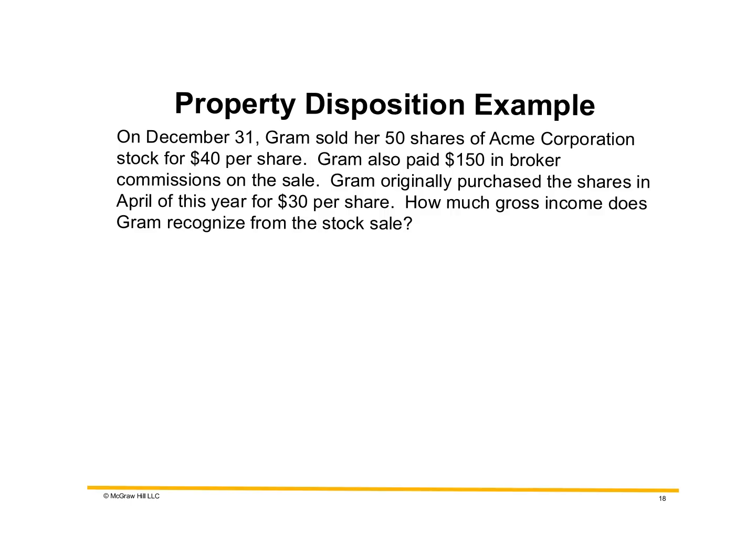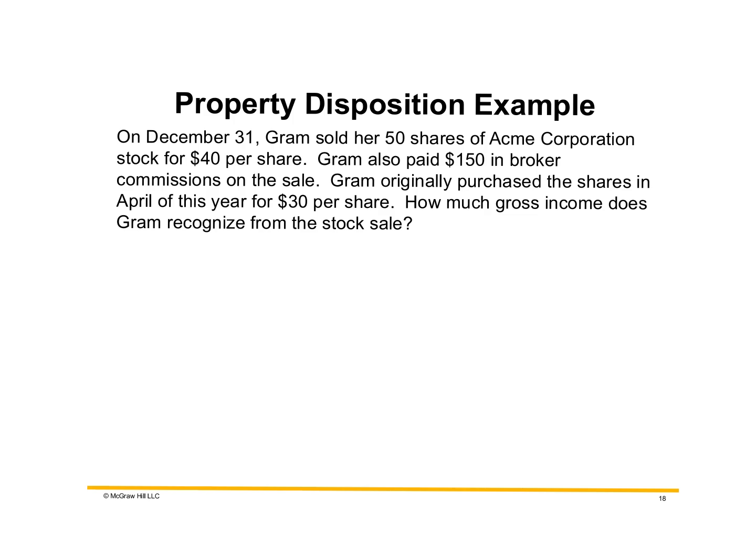All right, so let's look at an example. On December 31st, Graham sold her 50 shares of Acme Corporation stock for $40 per share. Graham also paid $150 in broker commissions on the sale. Graham originally purchased the shares in April of this year for $30 per share.